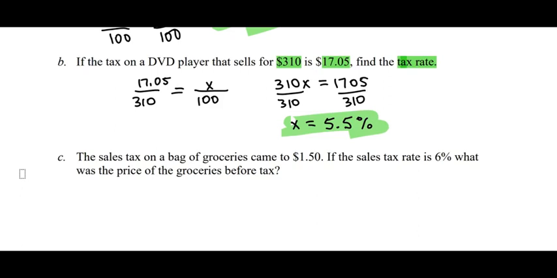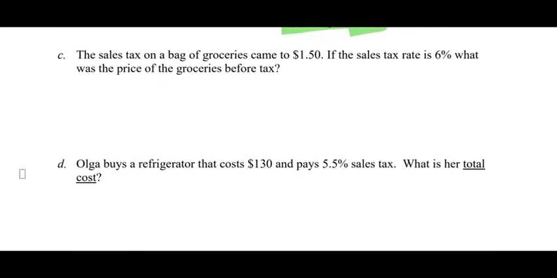Okay. Next one: the sales tax on a bag of groceries comes to $150 if the sales tax rate is 6%. What was the price of the groceries before tax? All right. So let's set up our proportion. 100, and I have 6% tax. So I know that's all on the right side.